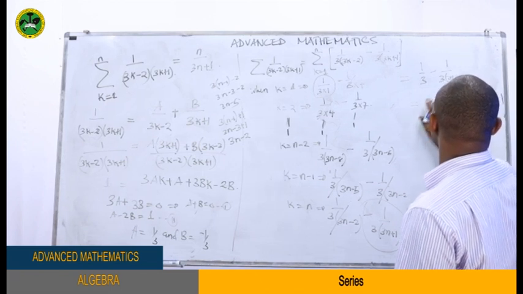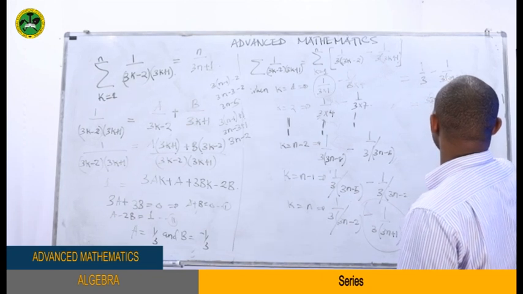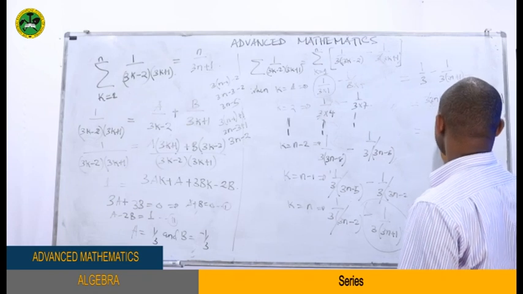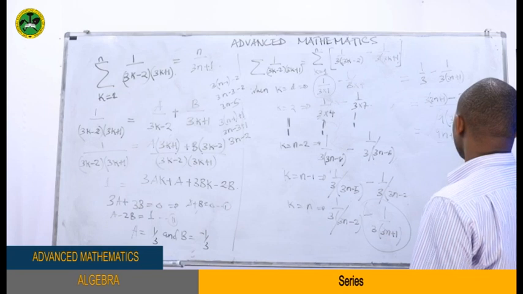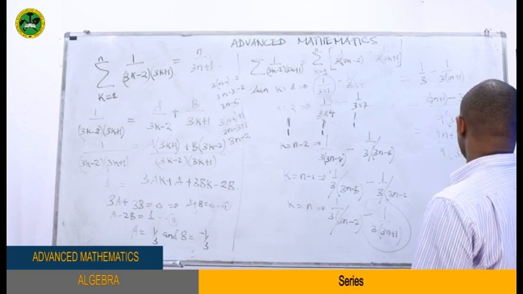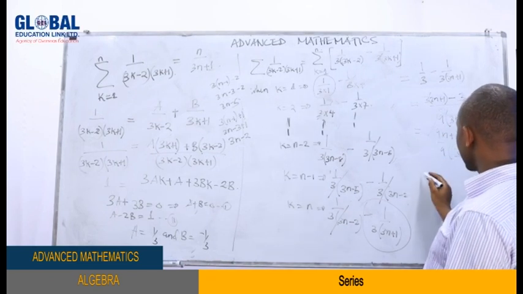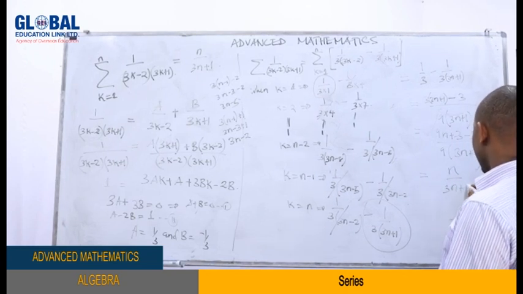There will be 3n plus 1 minus 3. So if we open the brackets, there will be 9n plus 3 minus 3 over 9 times 3n plus 1. So this and that go, and that 9 will cancel with that 9, and we are left with n over 3n plus 1.